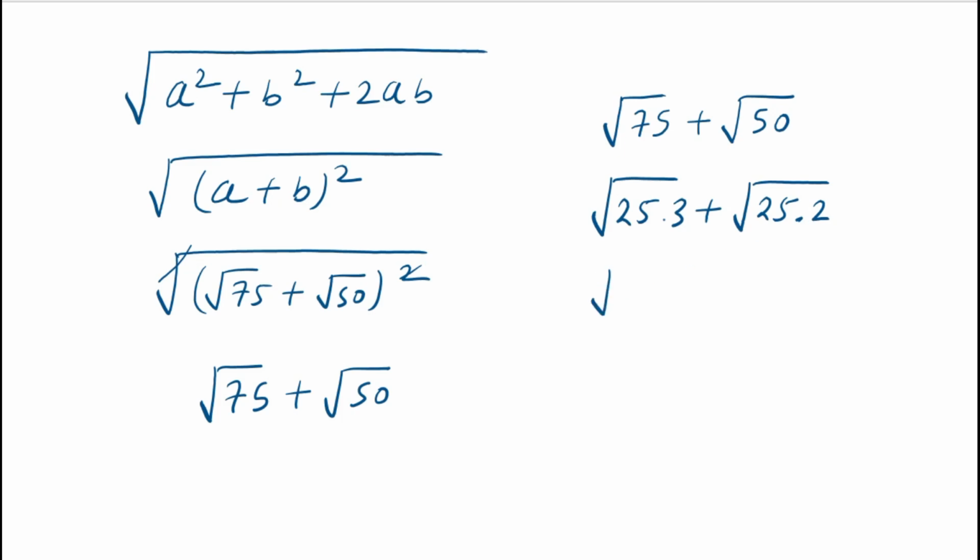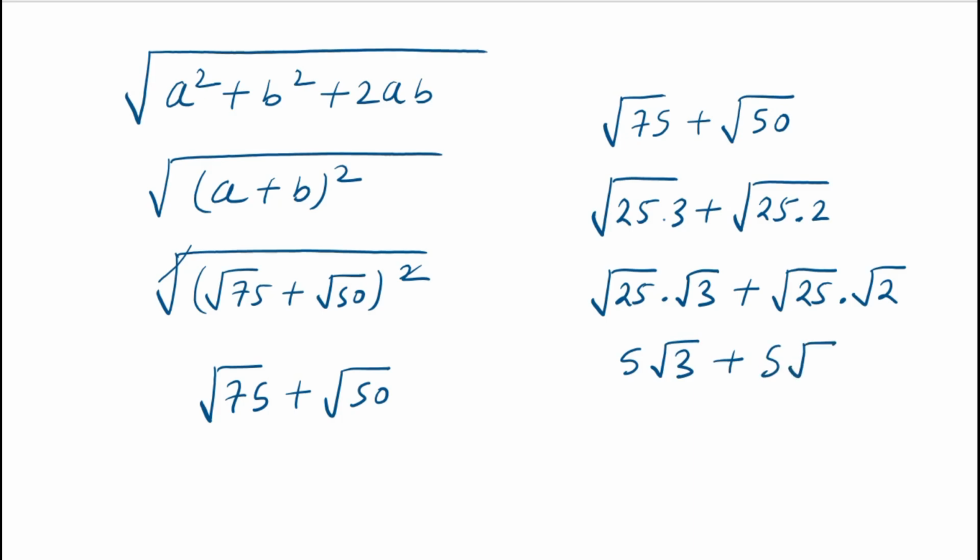So this expression is square root of 25 times square root of 3 plus square root of 25 times square root of 2. And we know that the value of square root of 25 is 5, so 5 times square root of 3 plus 5 times square root of 2. So this is our final answer.